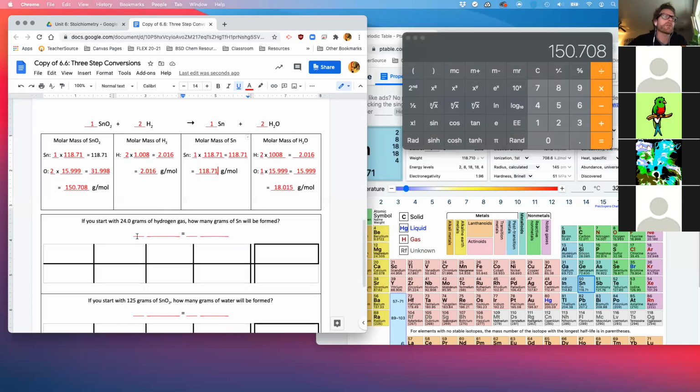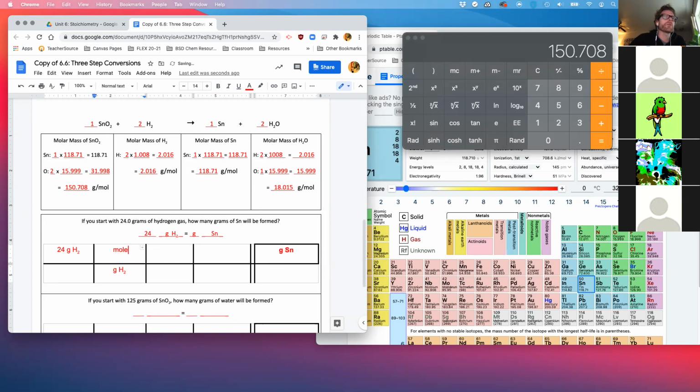So now we can start with this one right here. 24 grams of H2, and I want to know how many grams of Sn will be formed. So if I start with 24 grams of H2, I need to figure out how many grams of Sn. Okay, let's get those units. Whatever I start with on the top left goes right here.